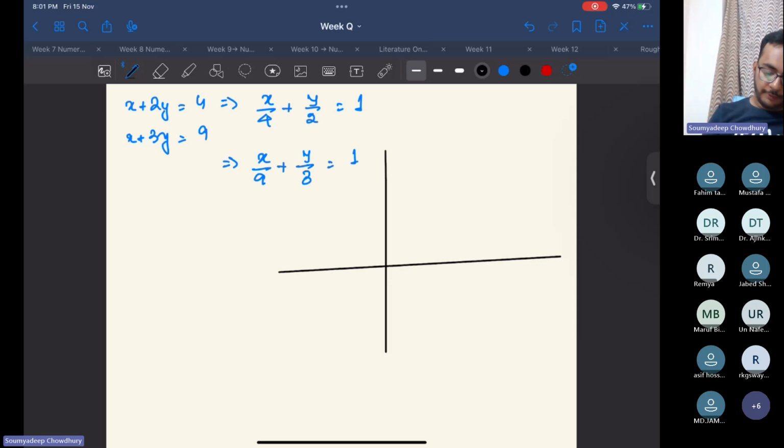The first equation I'll try to plot here, which is x by 4, right? If I approximately discretize this, 1, 2, this is 9, say around here it will be 4, x by 4 and y by 2.